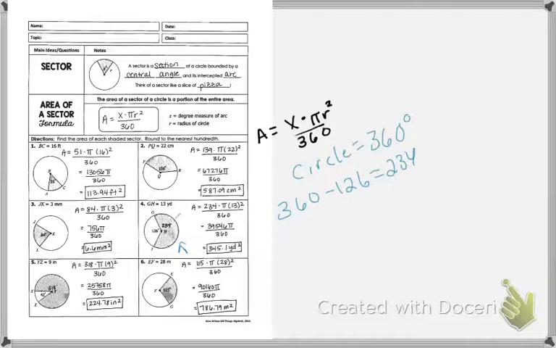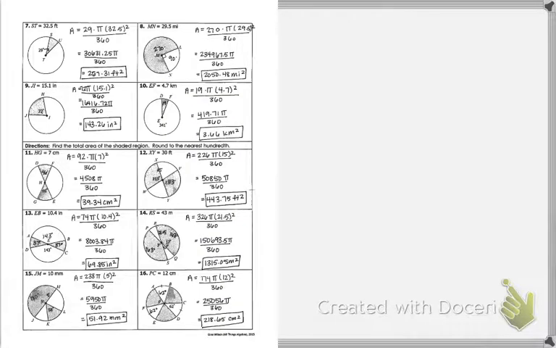That is your x. This is your radius. So plug that in and plug that in. The rest of the problems are pretty much the same.